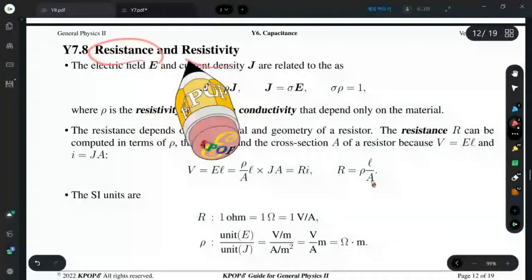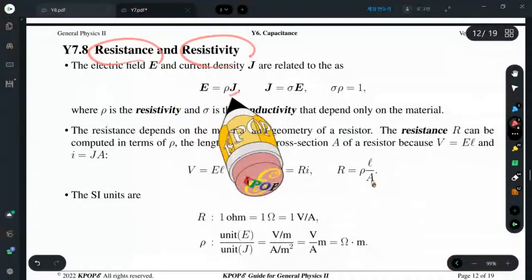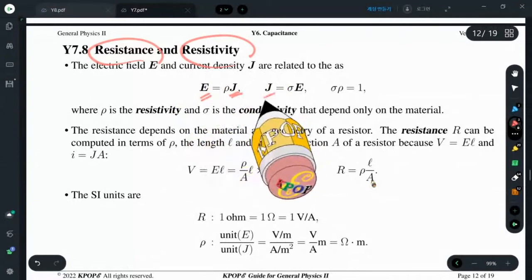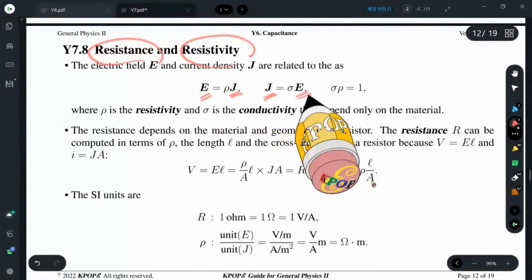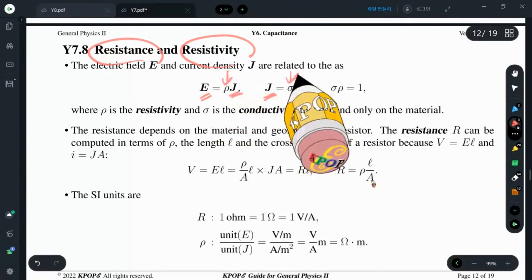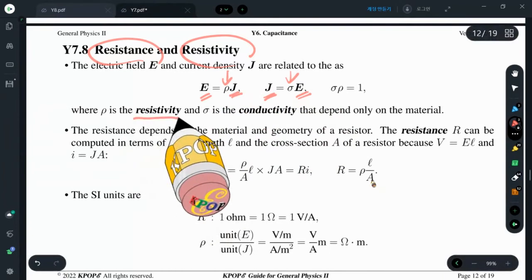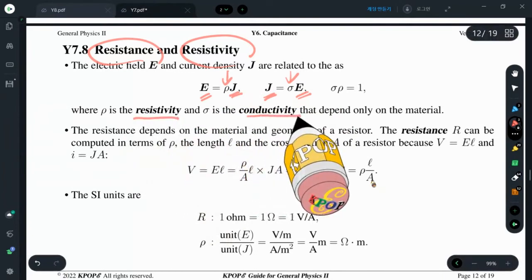Resistance and resistivity. Current density and electric field are proportional to each other inside a wire, and the constant coefficient, depending on the material, is called resistivity or conductivity.